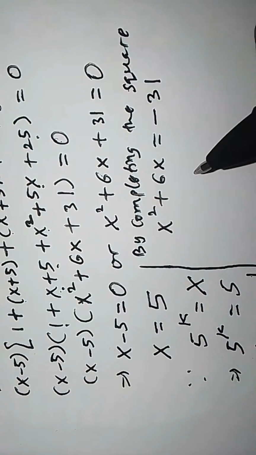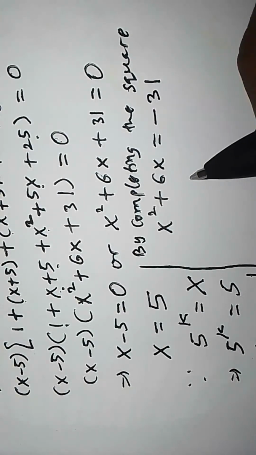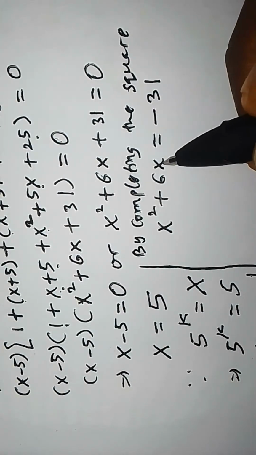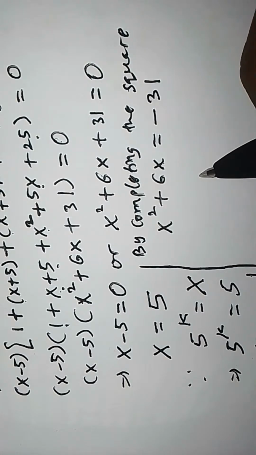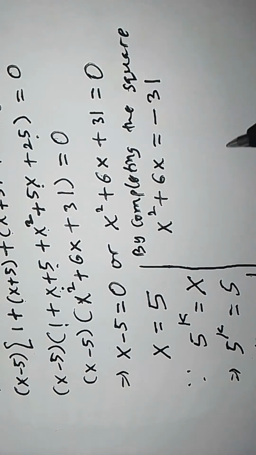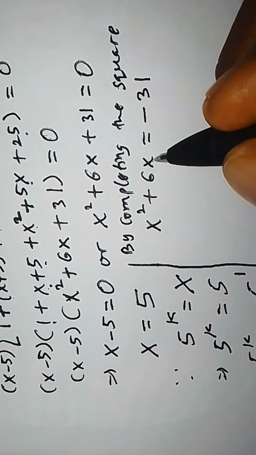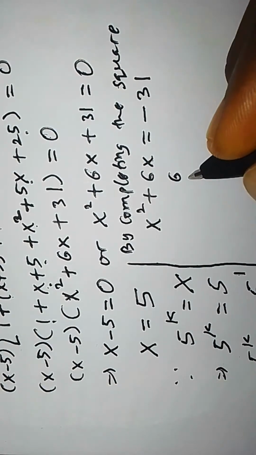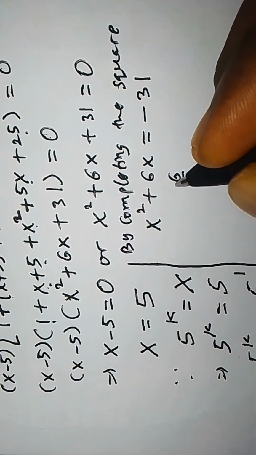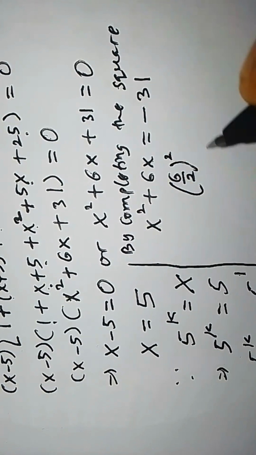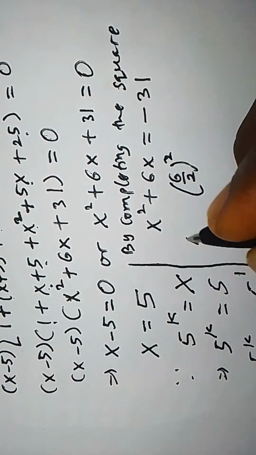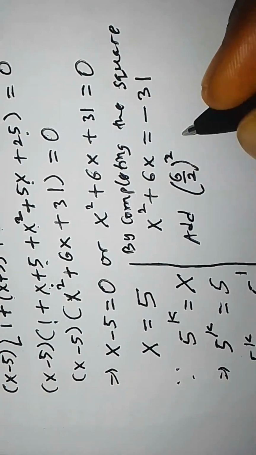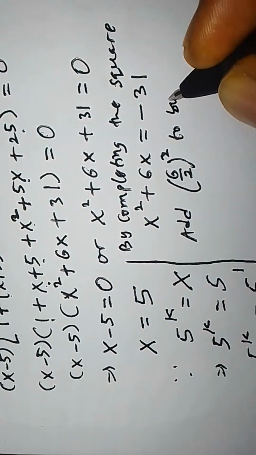The second step is that we add half of the coefficient of x and at the same time square it to both sides. The coefficient of x here is 6 and half of it will be 6 divided by 2 and we square it. So add this to both sides.